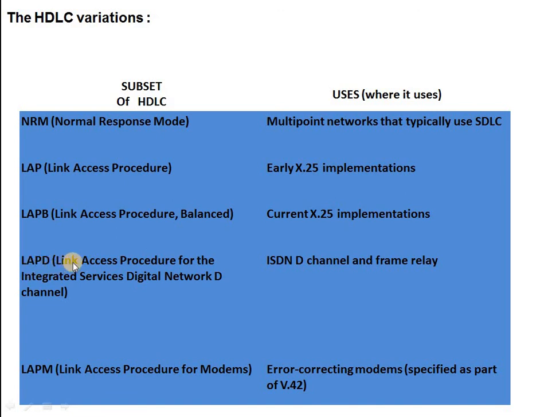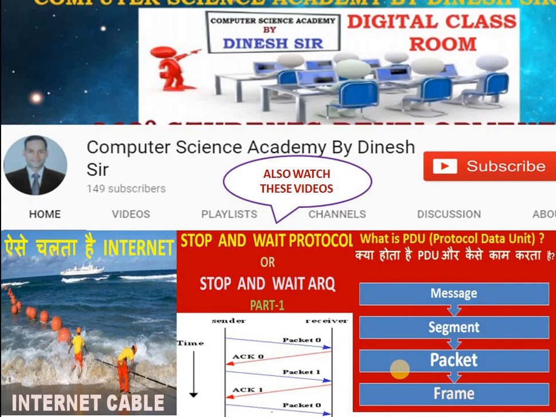LAPD, link access procedure for the integrated services digital network channel, is used for ISDN, and link access procedure for modems is used for error correcting modems specified as part of V.42. Now this is the complete scenario of HDLC.